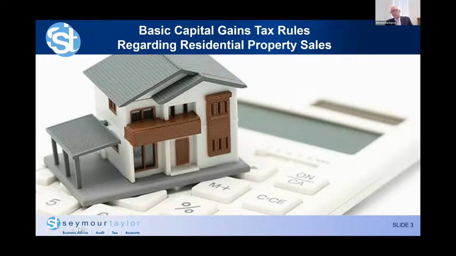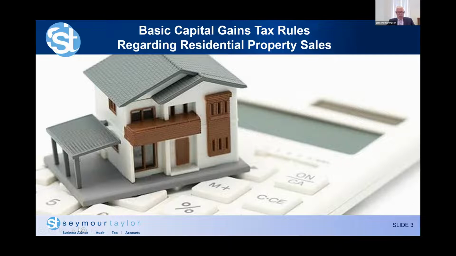There will of course be situations whereby a property has not been a principal private residence throughout ownership, and these situations invariably will result in some form of capital gains tax liability. We'll be covering them in a little bit more detail shortly as well. Also in connection with second properties such as a buy-to-let or a holiday home, invariably these will not qualify for any form of principal private residence relief, so capital gains tax may well apply in these scenarios.